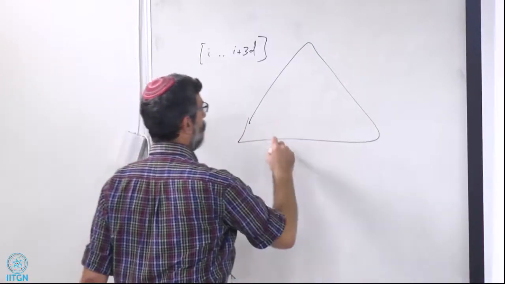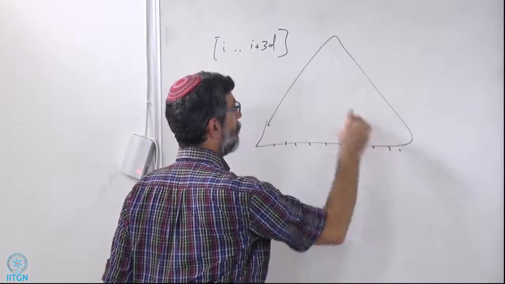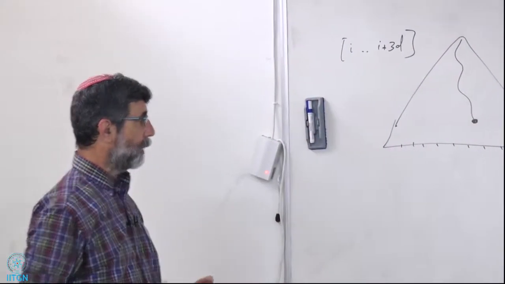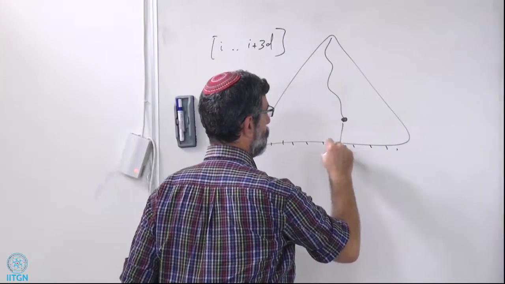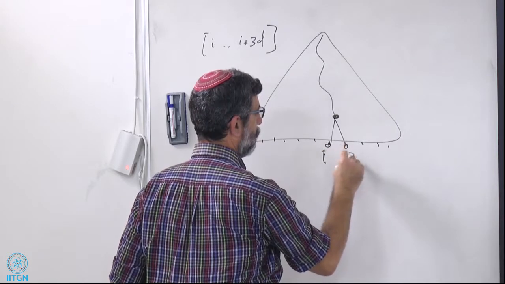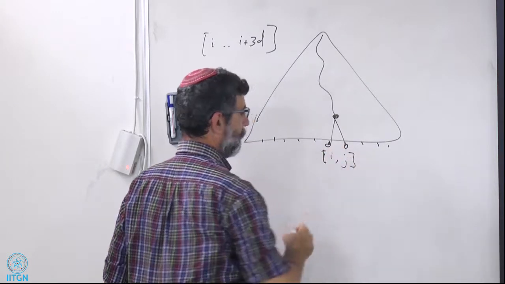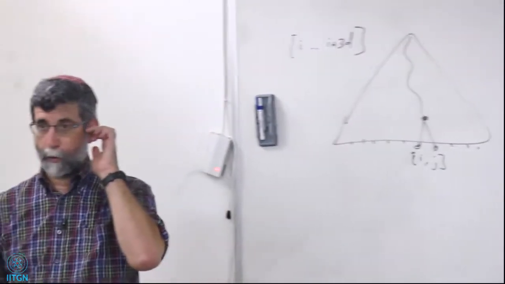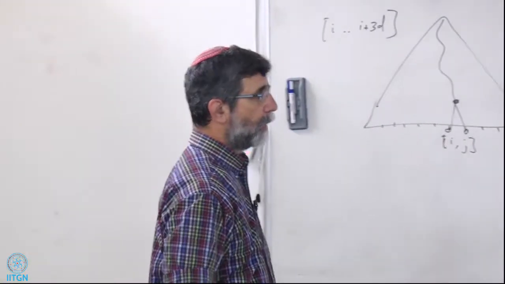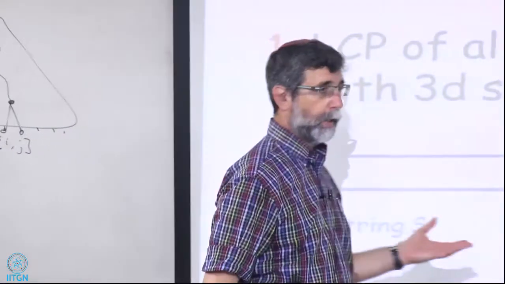Now, we're going to look at the longest node that has two children, both of which are within ij. That is going to be your longest common prefix. So those are going to be the two elements that give you the longest common prefix. And at that point, we're done.